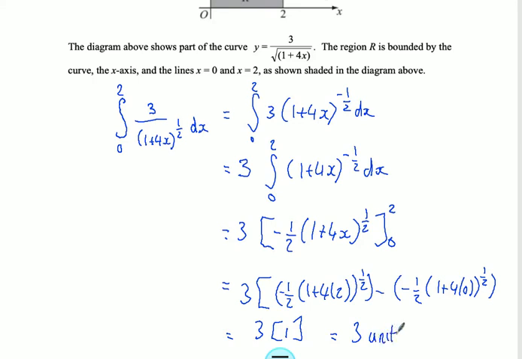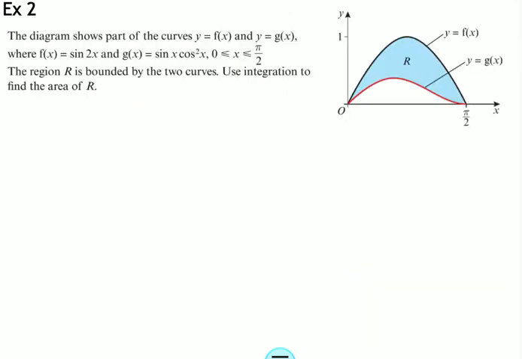Since it's the area, we should put units squared really. Okay, so same idea, showing you that to find the area, it's just a slightly more complicated function, but we can deal with that now.